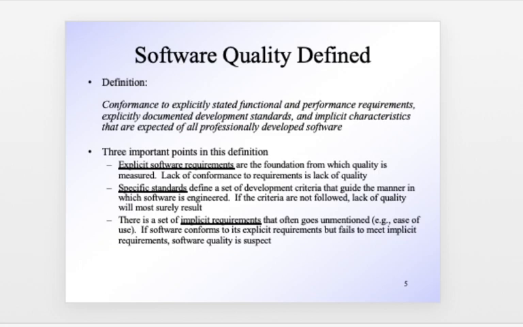So, obviously, if the criteria is not followed, then lack of quality will result. The third one is implicit requirements. Implicit requirements are those that go unmentioned. So, if the software conforms to its explicit requirements but fails to meet the implicit requirements, then obviously the software quality is going to be suspect.